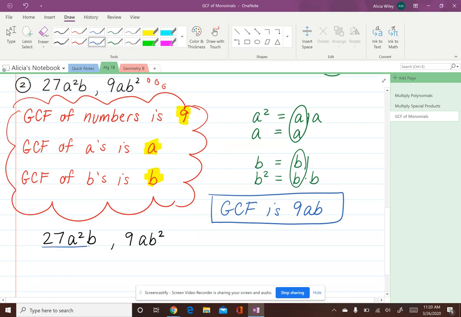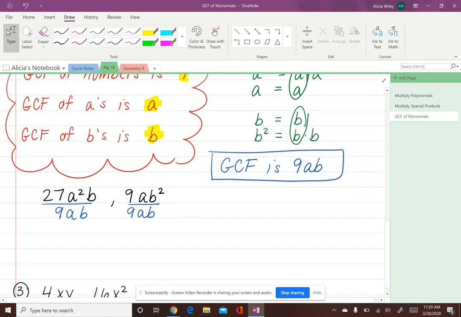If you divide each of those terms by your GCF, you should get results that are not fractions and don't have negative exponents. So 27 divided by 9 is 3. A squared divided by a to the first. Remember, subtract your exponents would give me a to the first.